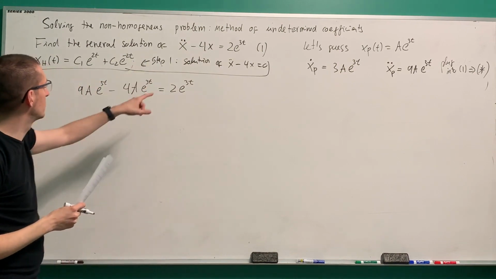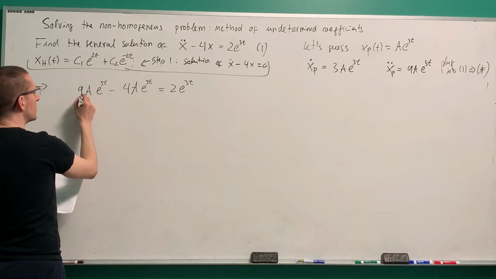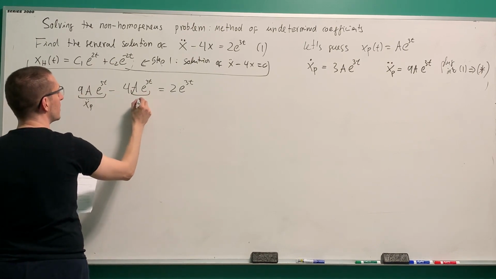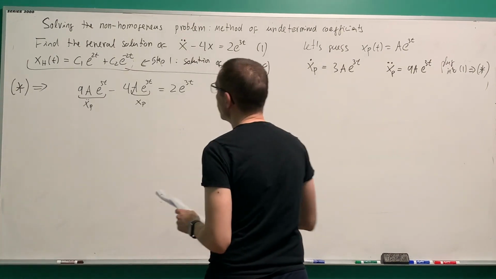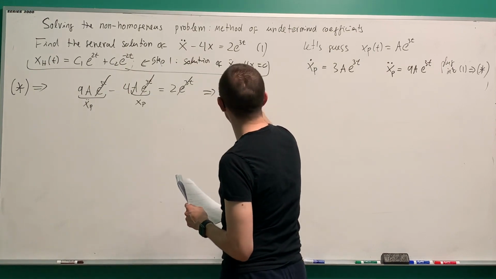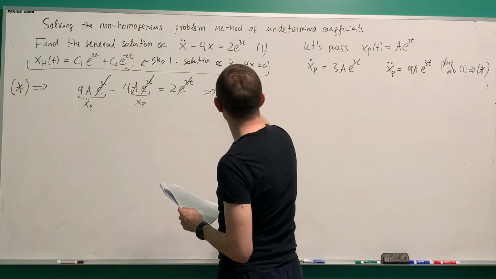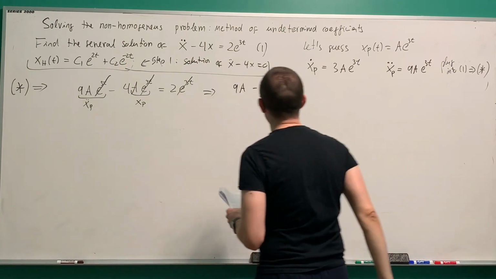I just plugged in x dot dot, and then minus 4 times x. So this thing is xp dot dot, and this thing here is xp. Nice equation. I can simplify the exponentials out, and what I get is 9a minus 4a equals 2.